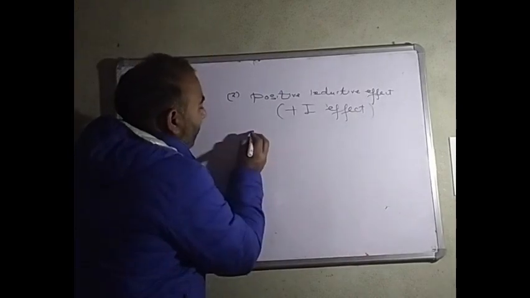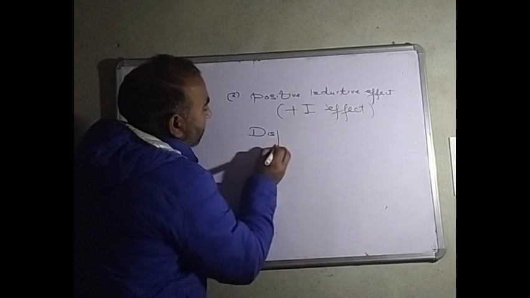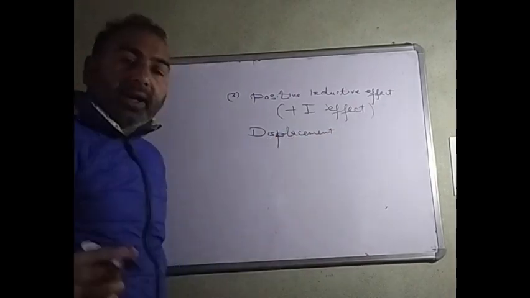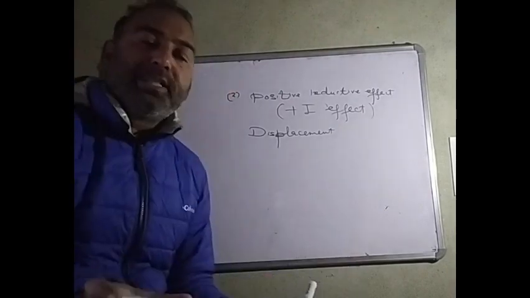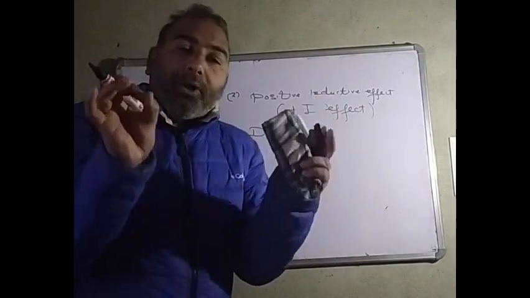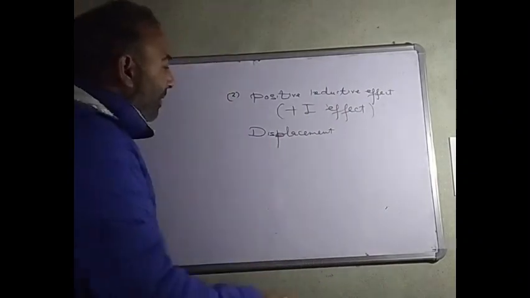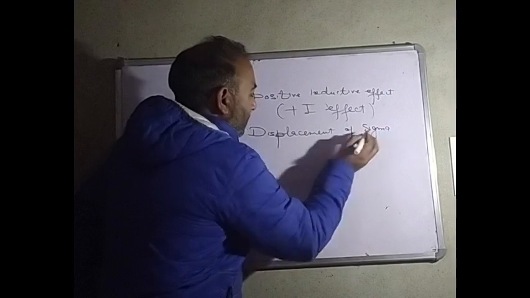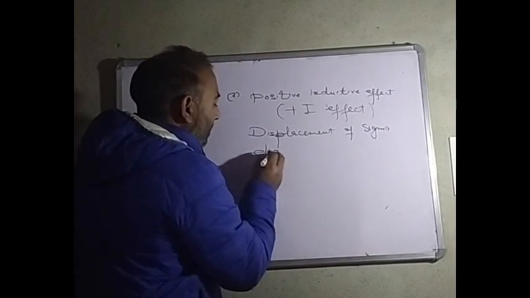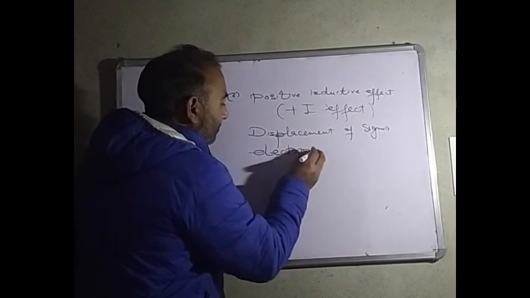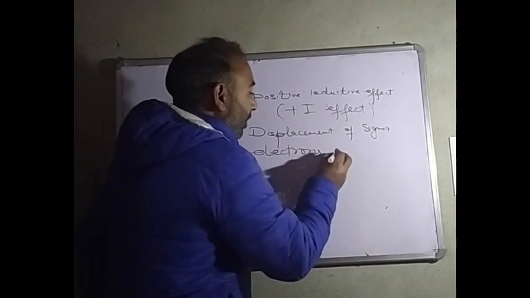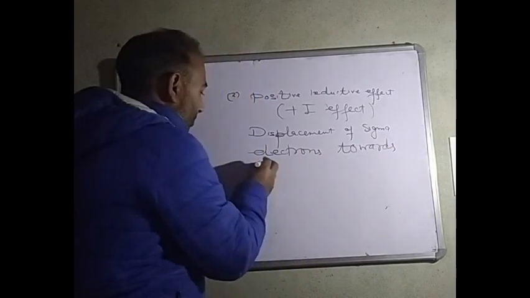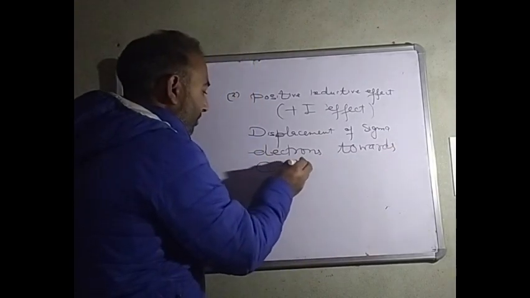It is displacement, or simply partial but permanent displacement. As I have already told you, it is partial but permanent. Displacement of sigma electrons or sigma electron density towards carbon chain.